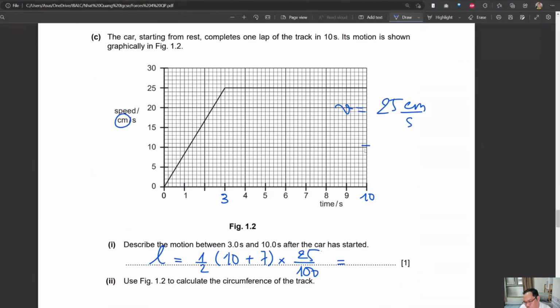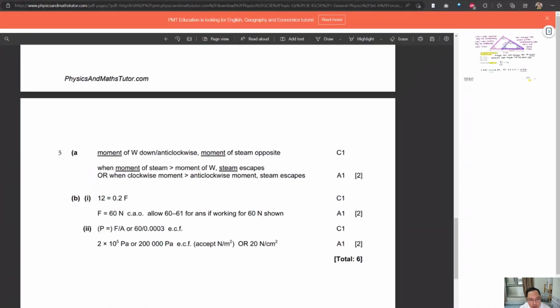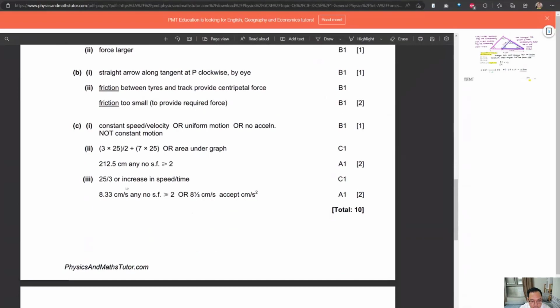We can simply convert it by dividing by 100, meaning 0.25 meters per second, and multiplying this speed with the time in seconds. Can we calculate the track in centimeters? Yes, it can be in centimeters without a conversion, but it's not the standard unit.